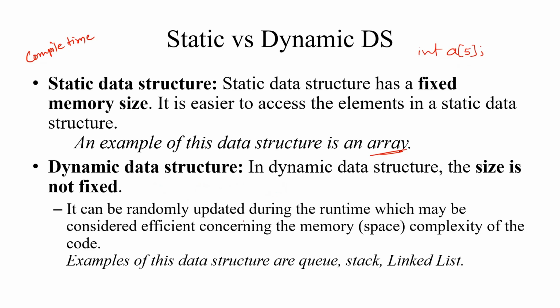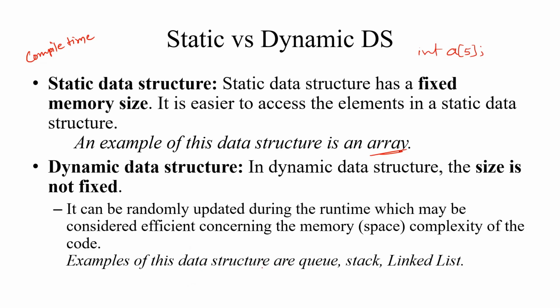There are some advantages of dynamic data structures. Memory wastage will be less in a dynamic data structure because we can delete memory at runtime also. Whenever we insert a value, we allocate some memory, and if we delete an element, then we free the memory.